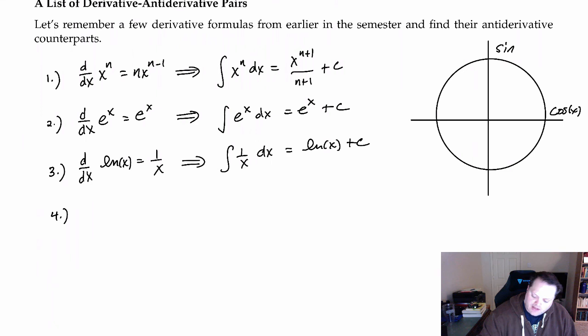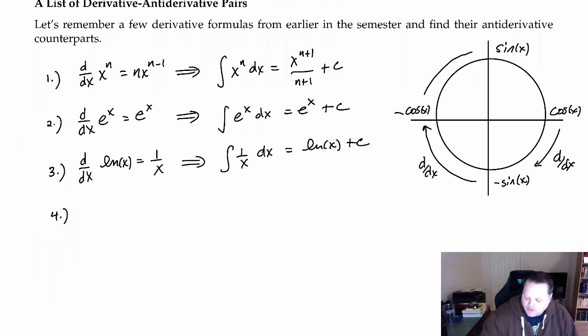The function sine has a value of 1 here, minus cosine, and minus sine. And we've said previously in class that if you want to differentiate them, you move clockwise around the circle. So the derivative of minus sine is minus cosine, the derivative of minus cosine is sine, and so on.